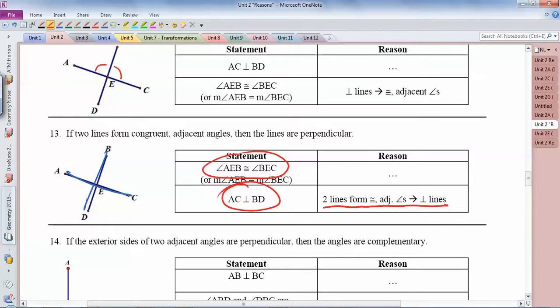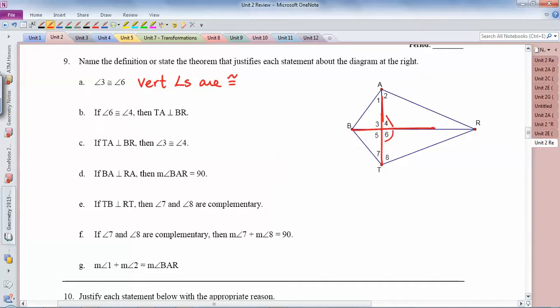So really we should just go back and make sure that it follows this pattern. 2 lines that form congruent adjacent angles. Well, yeah, we got 2 lines and they form congruent angles that are also next to each other. So they give us perpendicular lines.